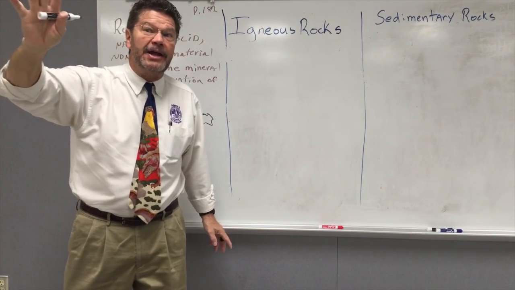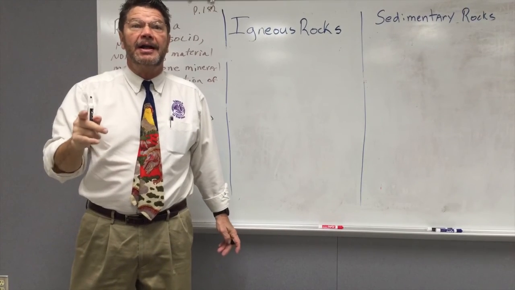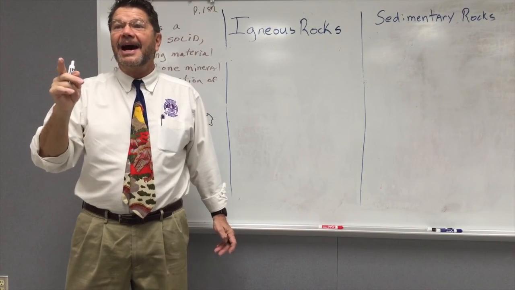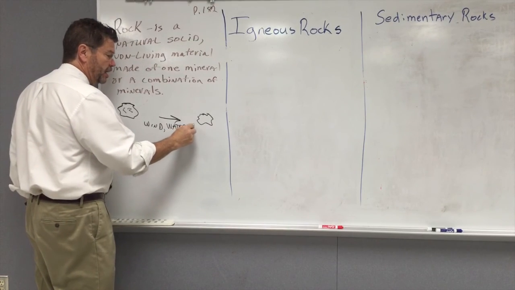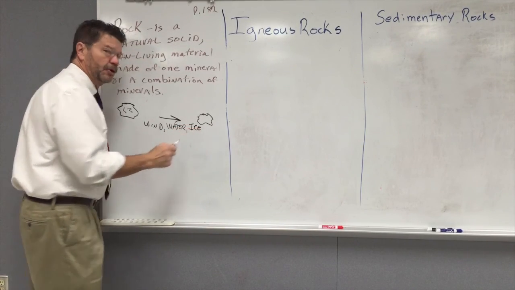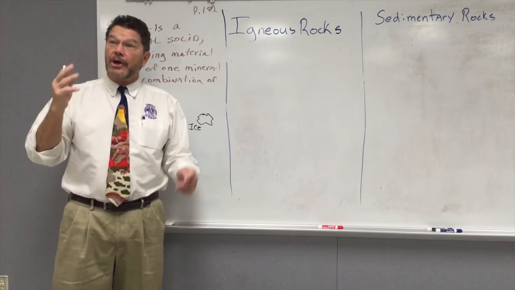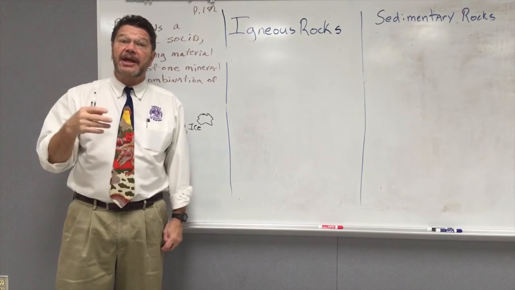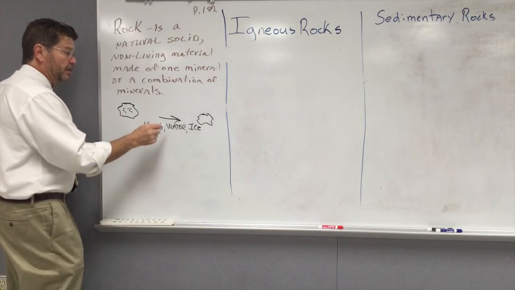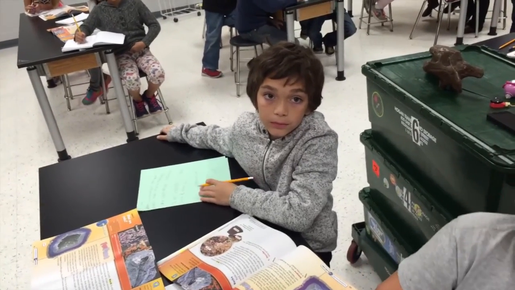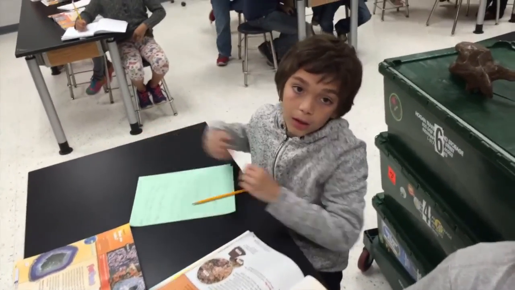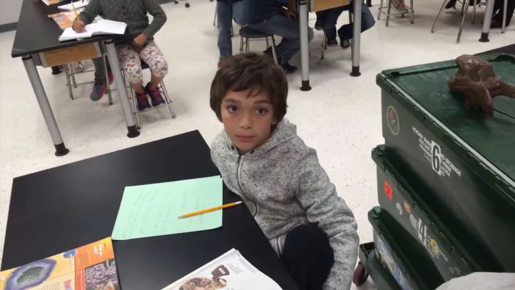It came down and it was made of what? Ice. Ice is the last one. A glacier can move a rock. Those are the three forces that can move a rock: wind, water, and ice. So how can wind move rocks? Because it will blow it. Like what will it blow?